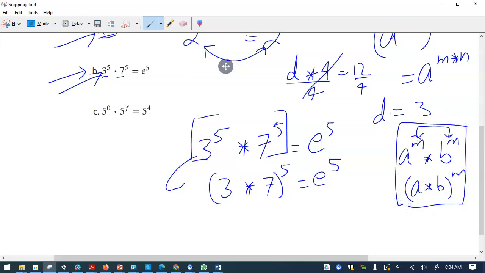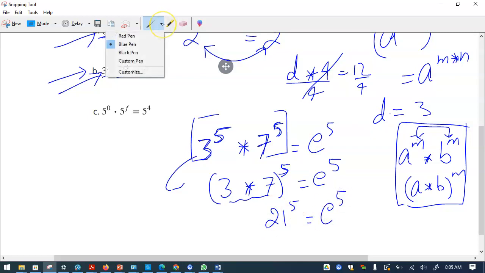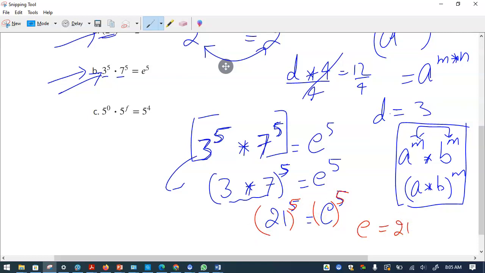So a is 3, b is 7, and m is 5. So the exponent is written only once. So this becomes 21 raised to 5, and this is e raised to 5. So when the exponents are the same, that means the base also has to be the same. So e has to be 21, and you're done.